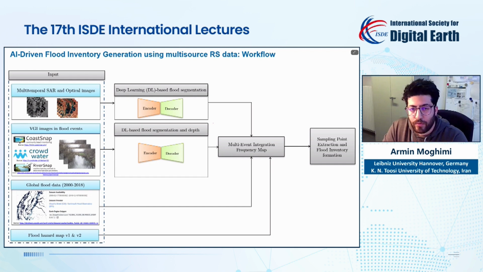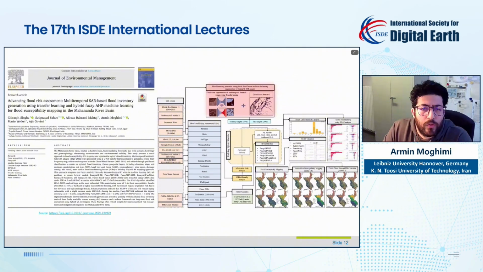By combining these sources, AI models can generate richer and more reliable flood inventory covering a wide range of flood heights and scales. For example, in our recent paper published in the Journal of Environmental Management, our main novelty was in the area of AI-driven flood inventory formation for flood susceptibility in the Mahananda River Basin in India.